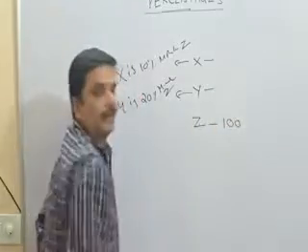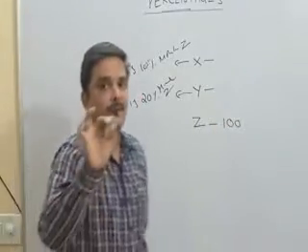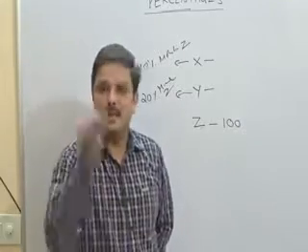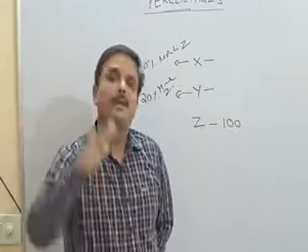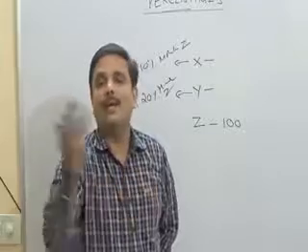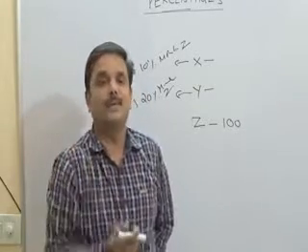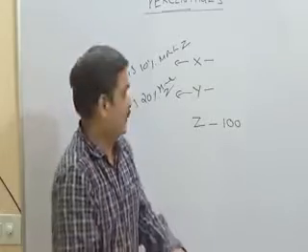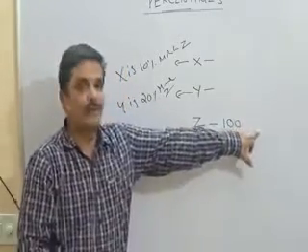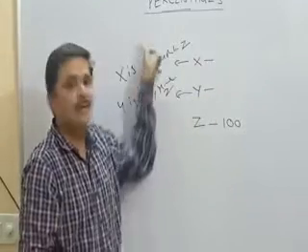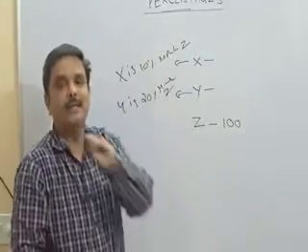If the questions are based on percentage, you are at your liberty. You can take any number you want, because finally the percentage is not going to be changed. Even if you take 100 or 200 or 300, correspondingly these values will be changed according to the given numbers. For that reason it doesn't affect our answer.